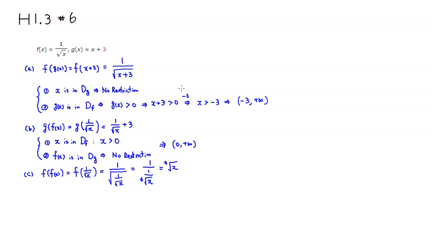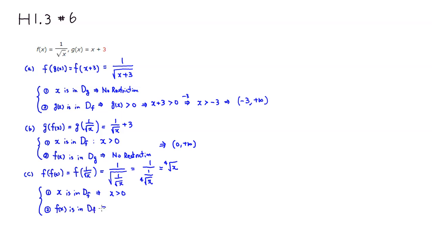And then we just have to look at the two conditions. So we have to make sure that the x is in the domain of the inside function, in this case f, which means that x has to be greater than 0. We've done that before. And 2, we have to make sure that the f of x, which is the inside function, has to be in the domain of the outside function, which is f again.